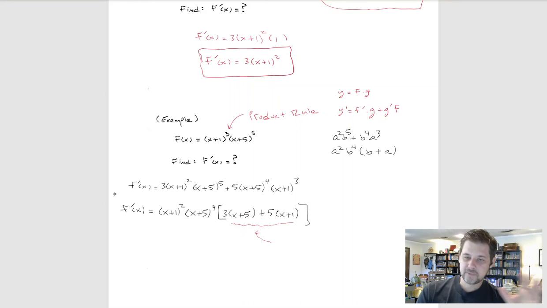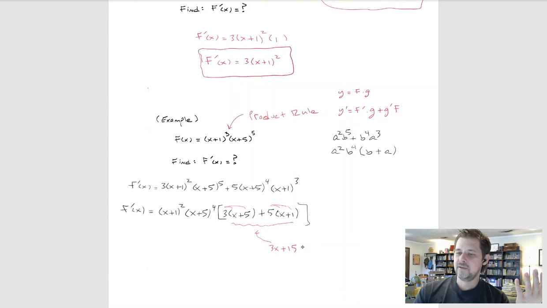Now, I don't want to rewrite this whole thing just to tell you about this part. But this part and those terms can be combined, reduced and simplified. If you multiplied the 3 through there and multiplied the 5, then you get something that looks like this: 3x plus 15. That would be that part.